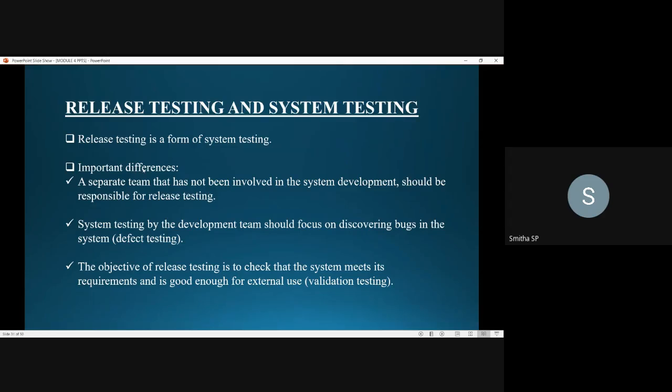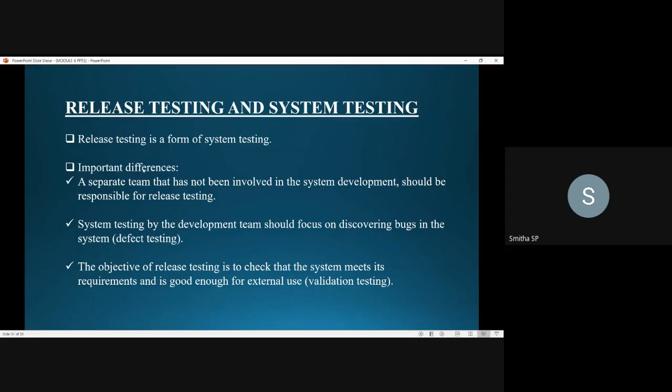Whereas the main goal of release testing is to check that the system meets its specification, whether it satisfies the customer requirement or not, and to ensure that the system is good enough for practical use. Since it is validating the system, release testing is also called validation testing.